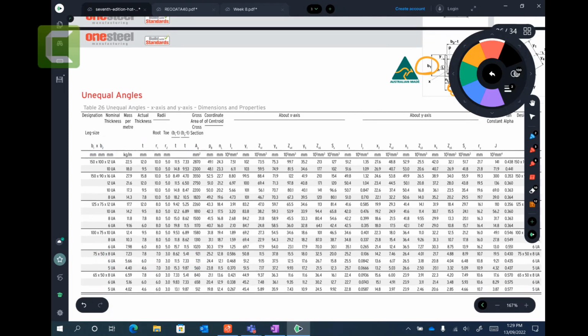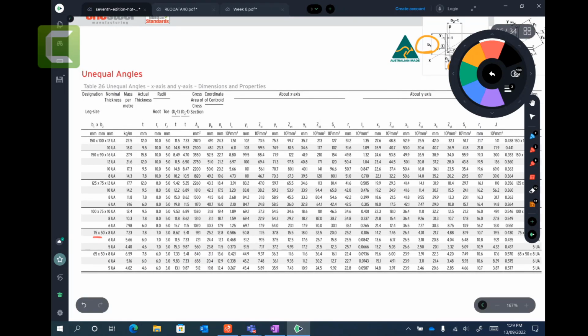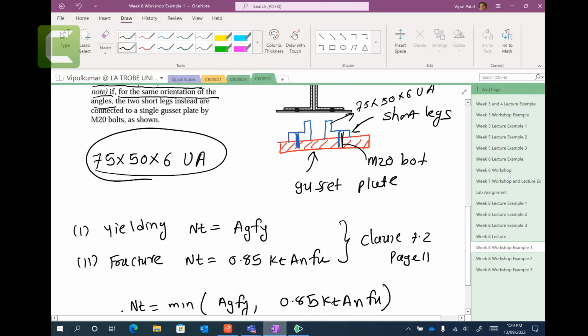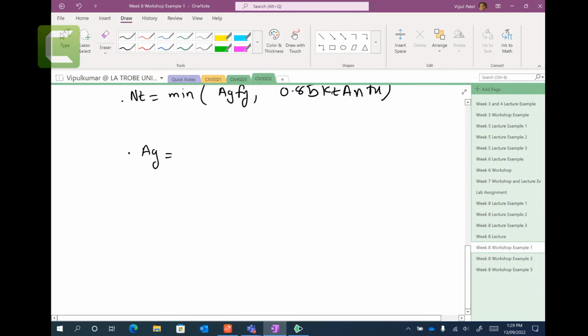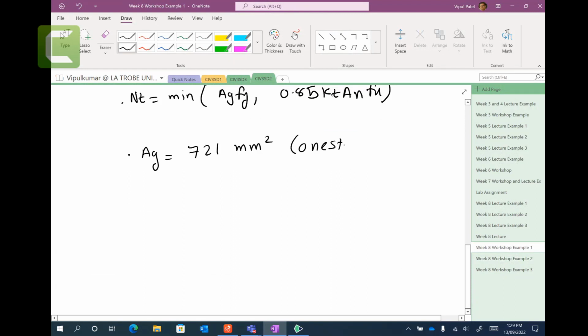All right, so what was that? 75, 50, and 6, I think. Yep, 75, 50, 6, and the gross area is here. For that gross area we are taking 721. Everyone agree? 721 millimeter square, taken from the steel tables, because we have 75, 50, 6 unequal angles.